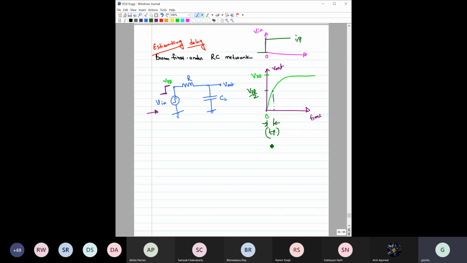Now, can you tell me what would be the propagation delay for this simple circuit? Yeah, anyone, maybe who wants to tell? Arsh, Alisha, Shommuk, Shubhayan, Ranveer.